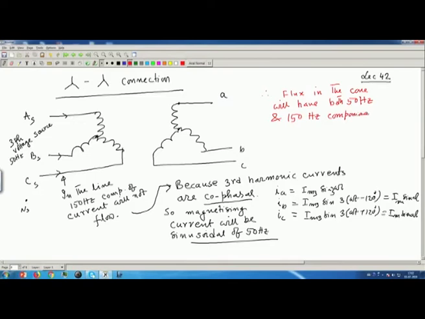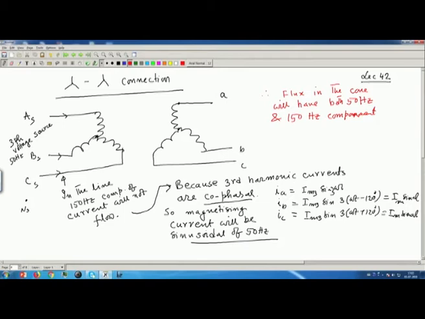Of course, the amplitude of this third harmonic flux will be much less, maybe 10% of the rated fundamental flux, but nonetheless both of them will be present. So, in the core of these transformers there exist now two fluxes, of 50 hertz and another of 150 hertz.